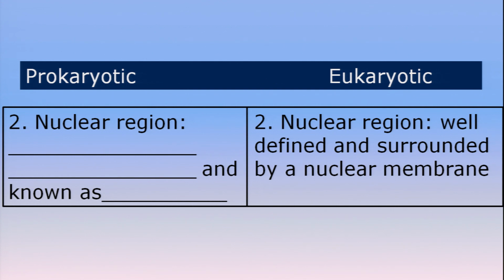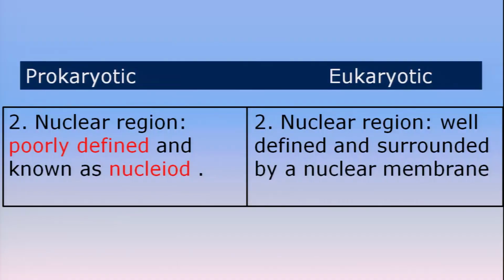Then eukaryotic cells have well developed nucleus. In eukaryotic cells, nuclear region is well defined and surrounded by a nuclear membrane. What about prokaryotic cells? Can you say? In prokaryotic cells, nuclear region is poorly defined and known as nucleoid.